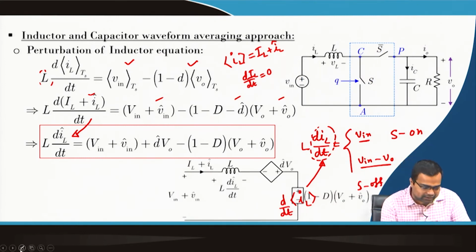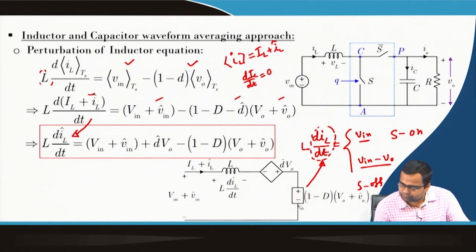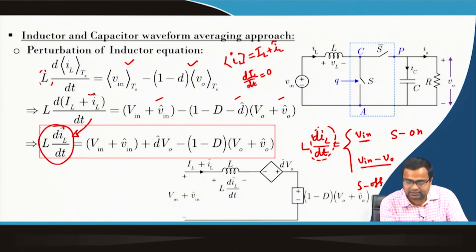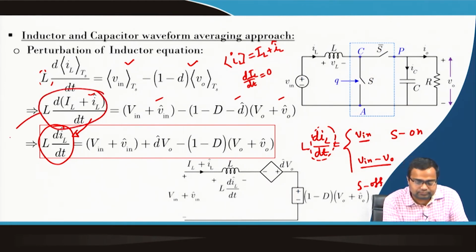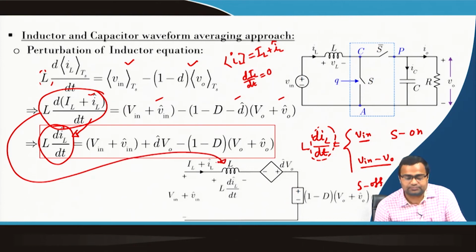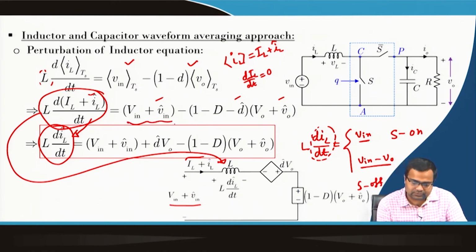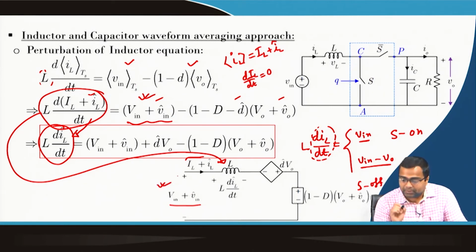From this equation we can draw the equivalent circuit, that means L diL/dt. In fact, you can consider this model itself, plugged in. This will be the dynamics of this inductor, basically the current dynamics. This is equal to Vin minus this term, which is divided into two parts.